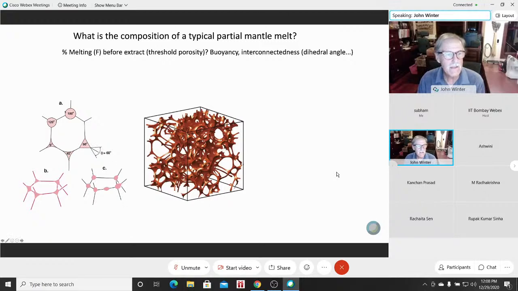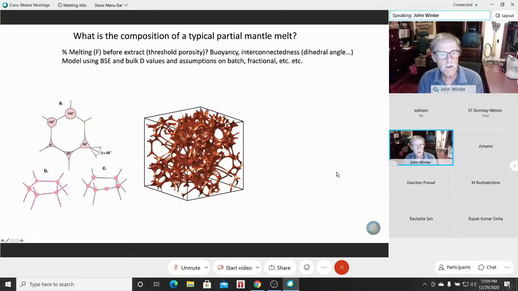That is the angle of, these are the crystals here in white, and these are melts starting to form at triple junctions between crystals. The dihedral angle is this angle right here, which is also this angle here and this angle here. So small dihedral angles will cause the liquids to wet the surface better than really large dihedral angles in which the liquids will get stuck.